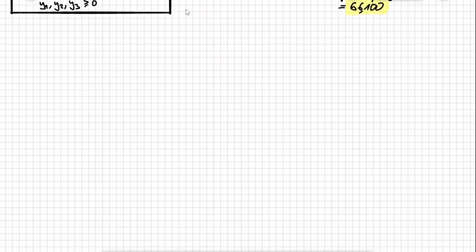If we have any linear problem, which we will call the primal problem, this problem will be defined, using matrices and vectors, as maximize c transpose x subject to the matrix of coefficients A multiplied by the vector of variables x less than or equal to b, and x greater than or equal to 0.